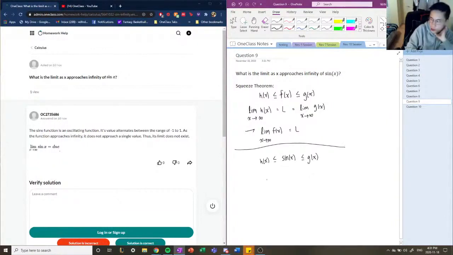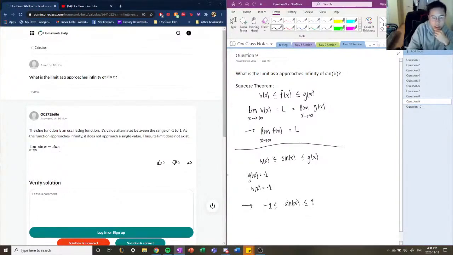What can our functions be? Let's say that g of x equals 1 and h of x equals -1. These two functions sandwich sine of x, because we always know that the range of sine of x is between 1 and -1. So we have -1 here, sine of x, and 1 over here.